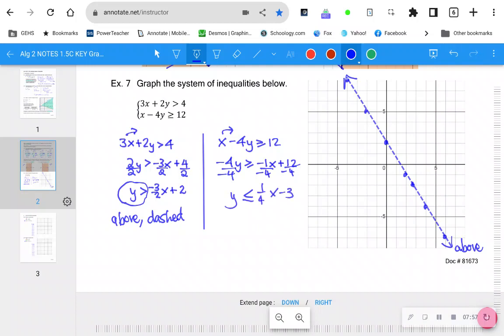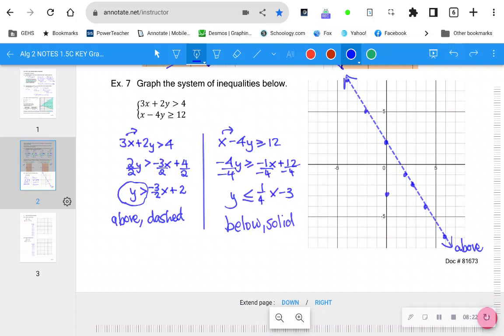So when you get down here, you might have thought earlier with that greater than sign throughout most of the problem that you were going to shade above, but with this less than sign, we want to be below. And this time we have the or equal to involved, so it's going to be a solid border. So I find the y-intercept of -3. You can see that right there.